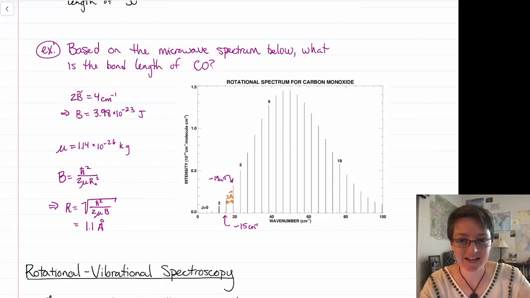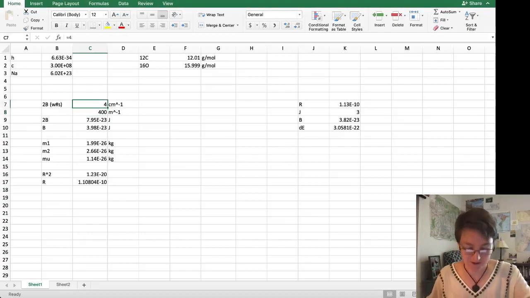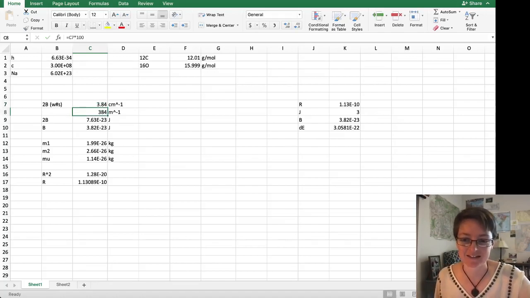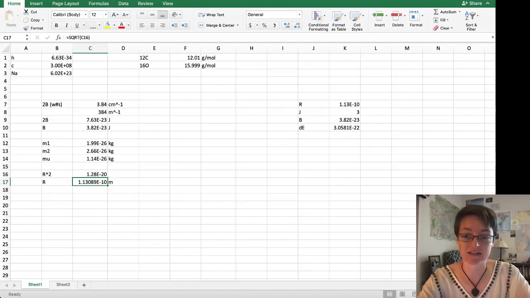In fact, after doing this calculation, I looked up what the better value for B is, instead of just guesstimating from the spectrum. It turns out that B is equal to 1.92 inverse centimeters. If you plug that in, that's going to give you your bond distance in units of meters that corresponds exactly to where that experimental bond length is.